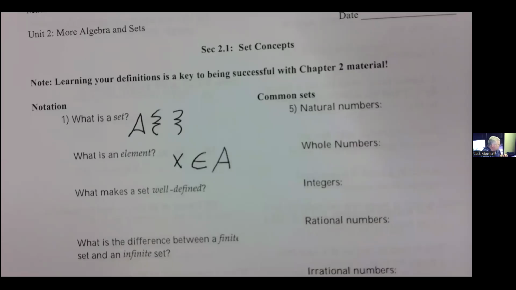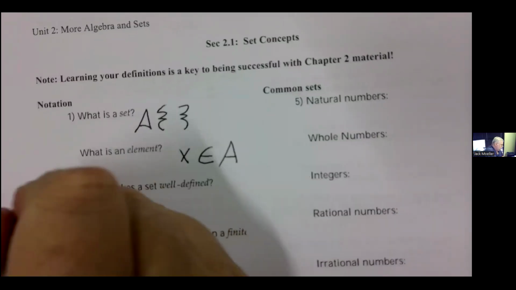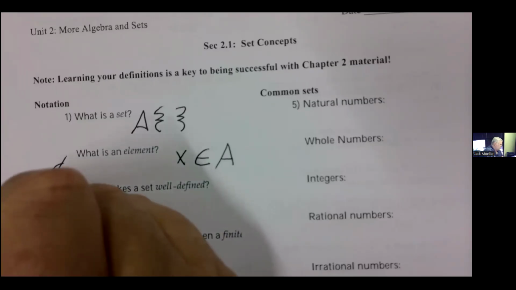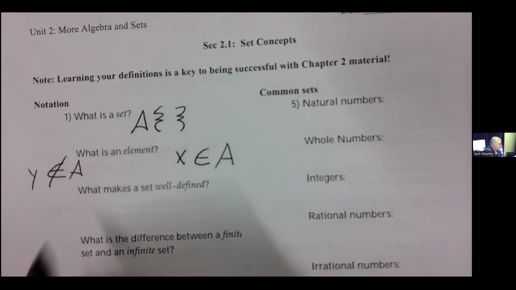If you ever see the symbol with a slash, anytime we do a slash in this chapter, that means not. So if we wanted to say Y is not an element of A, where A is the days of the week, then Y could be, I don't know, April.